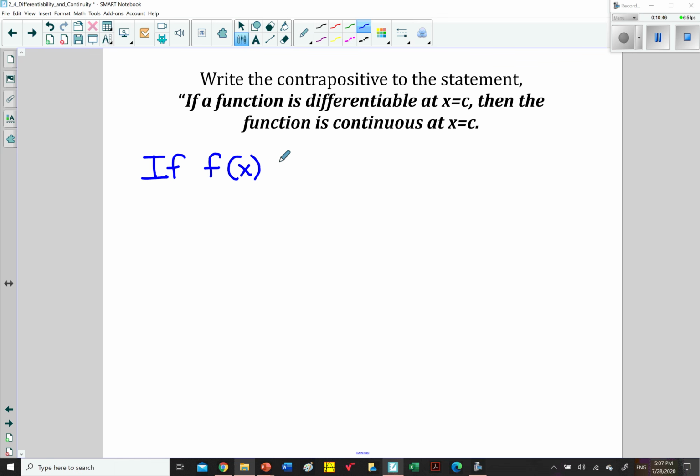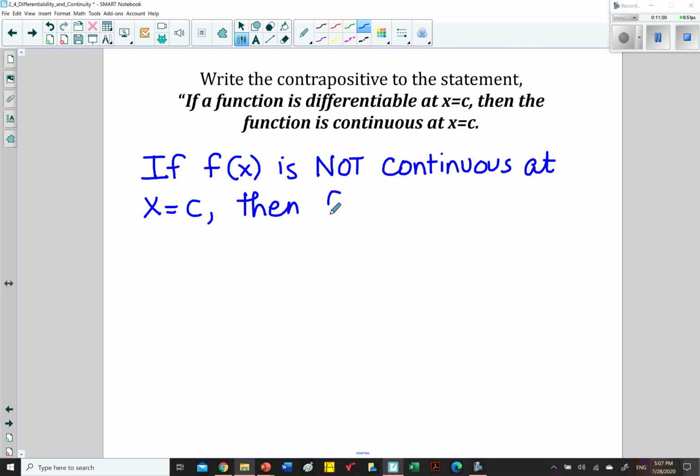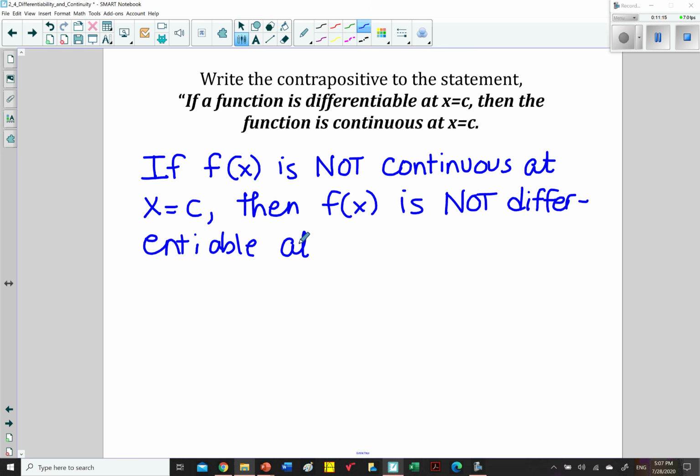If f of x is not continuous at x equals c, then f of x is not differentiable at x equals c.